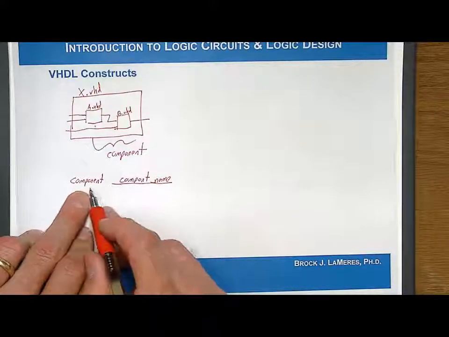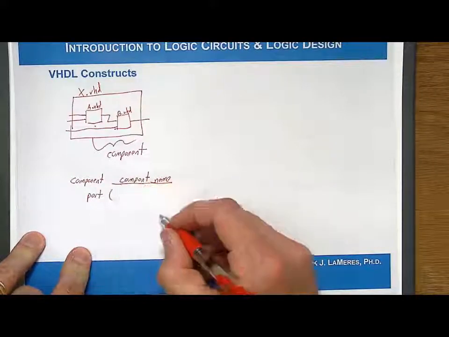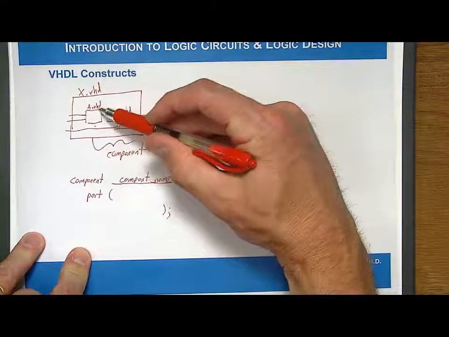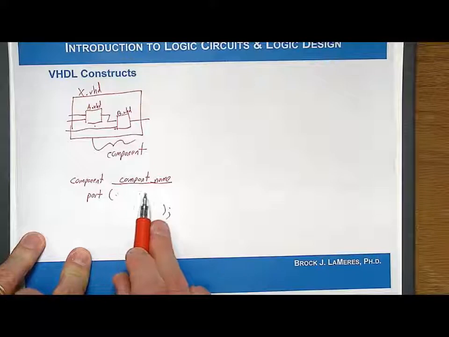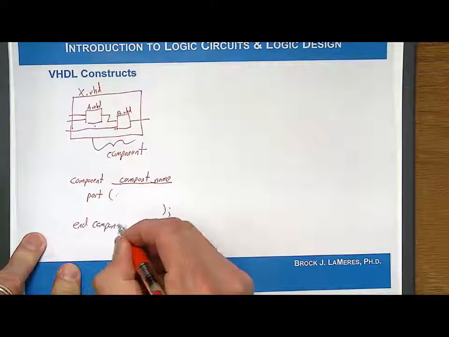So you say component name, and then you do the exact port definition. Whatever the port definition was for this particular system, you do this exact same thing here. So it's signal name, colon, mode, type. Signal name, colon, mode, type. And then when you're done, you say end component.